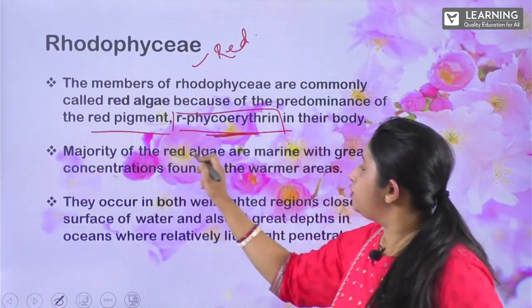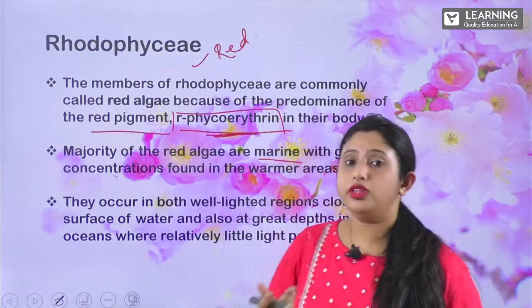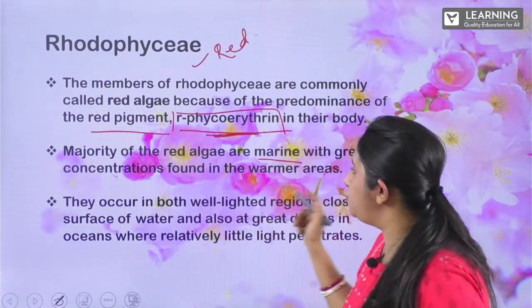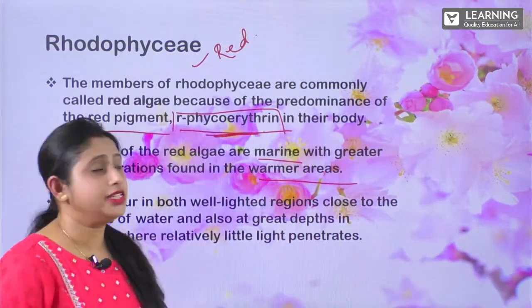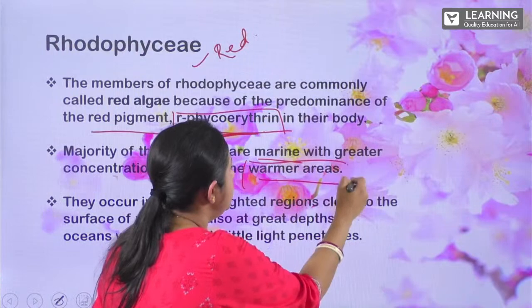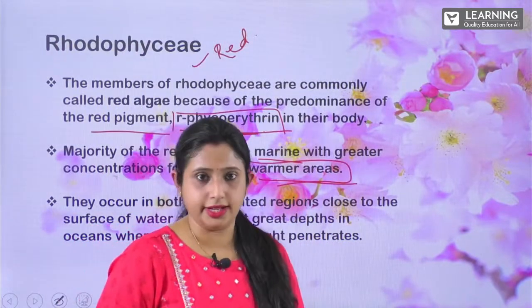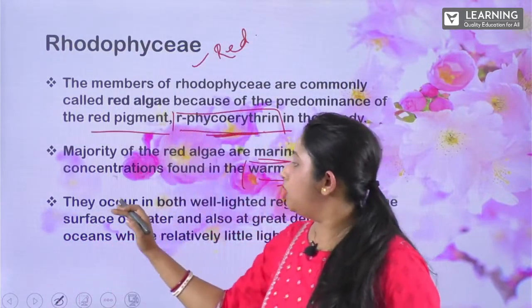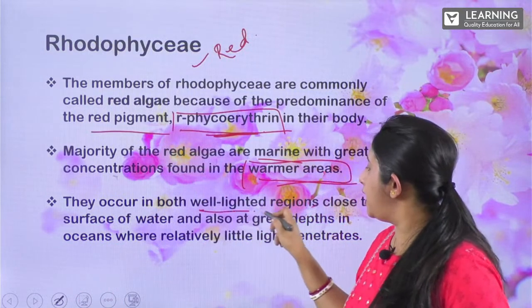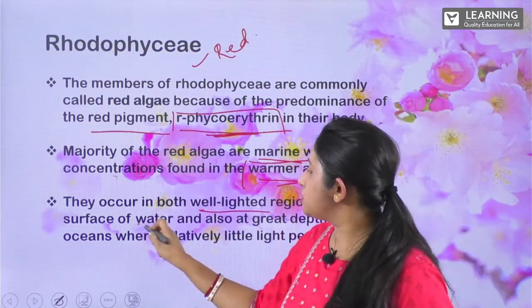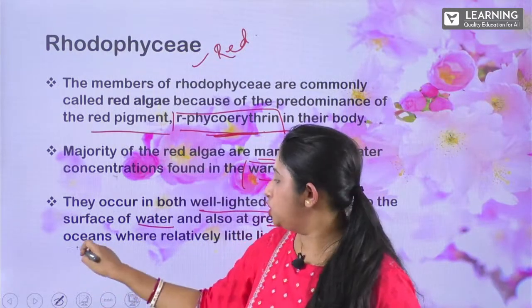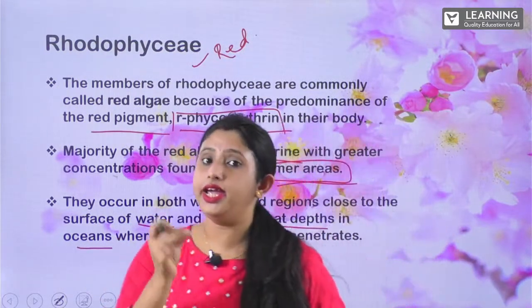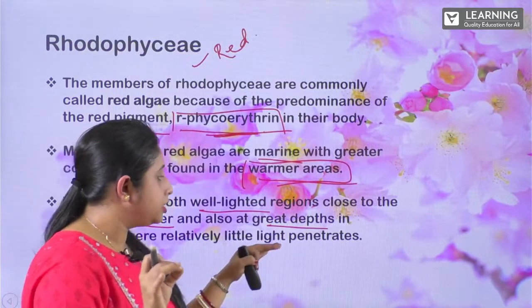The majority of the red algae live in water; they are marine, with great concentration found in the warmer areas. They occur both in well-lighted regions close to the surface of the water and in the great depths of the ocean where relatively little light penetrates.